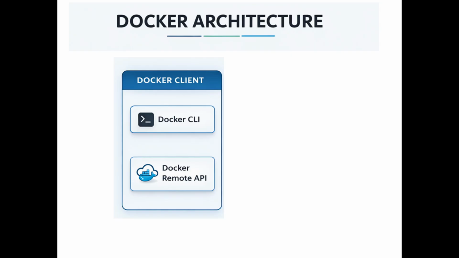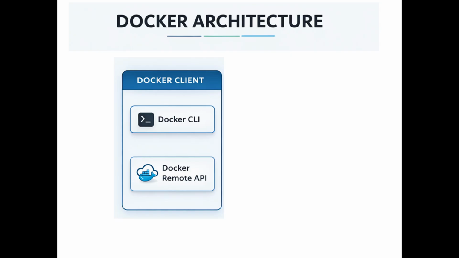So whenever we install Docker on our system, two main components are installed, Docker client and Docker server. The Docker client is the interface through which we interact with Docker.